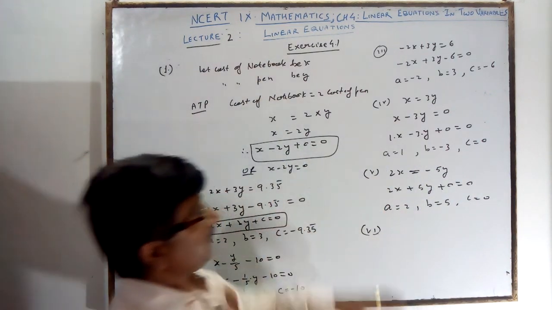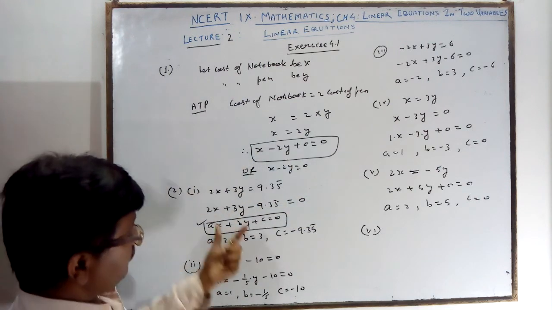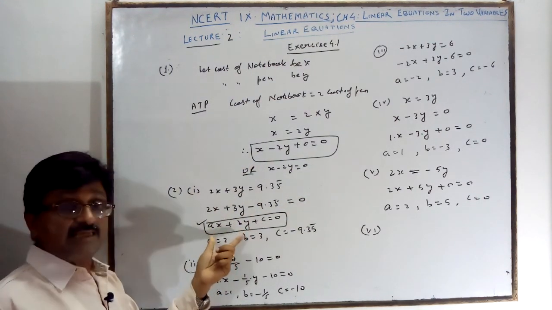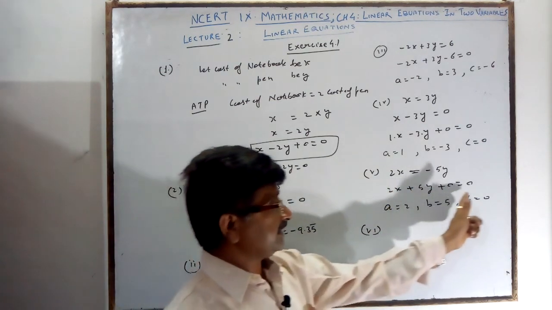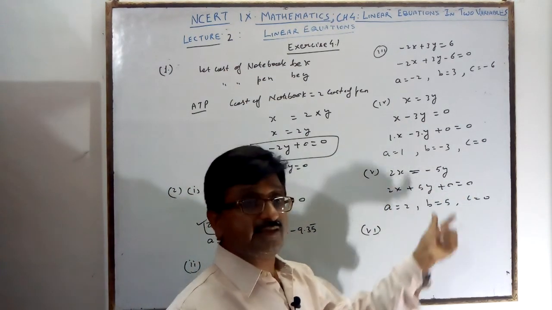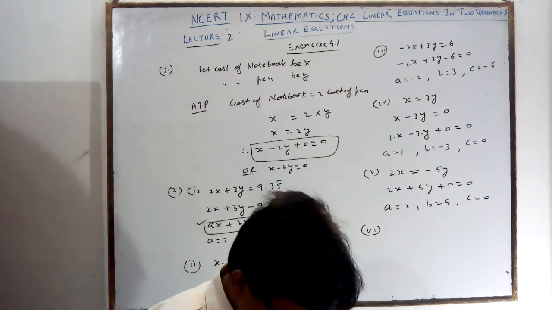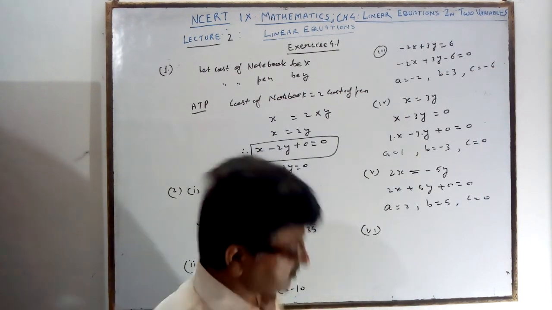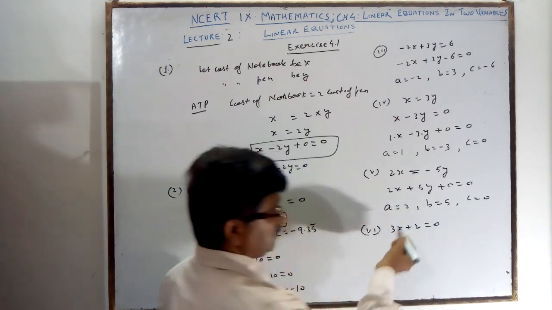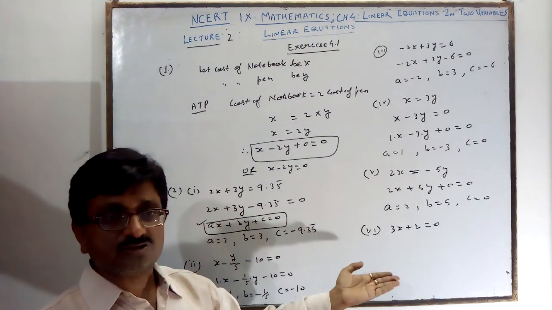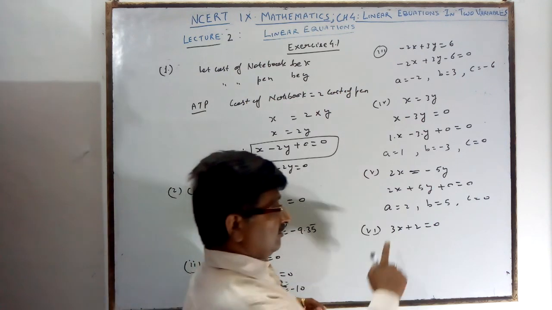Sixth part. All the parts we will write in the standard form. I have written it here one time, but you write standard form for all, then compare each term. Sixth part: 3x plus 2 is equal to 0. See here only one variable is given. But what will you do here?